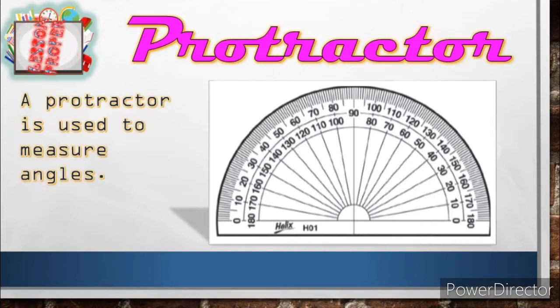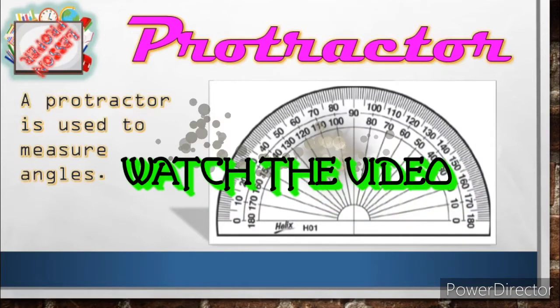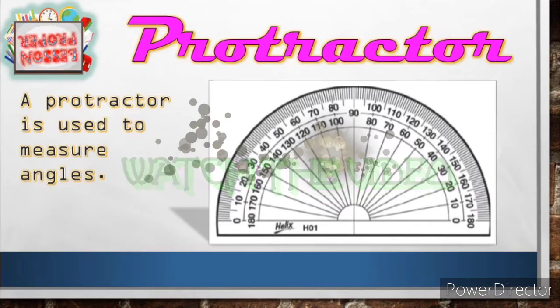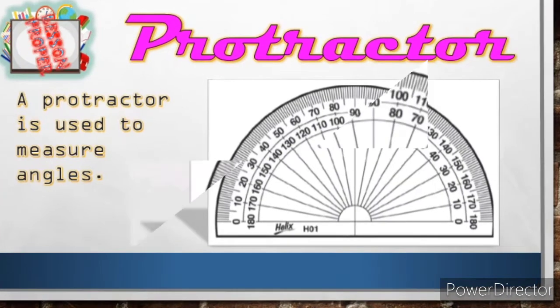Very good, a protractor. So this will be a protractor. In this lesson, I will require you one by one to have a protractor in order for you to measure an angle and to draw an angle accurately.